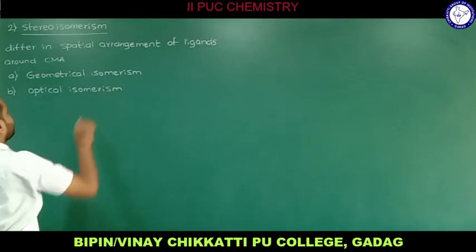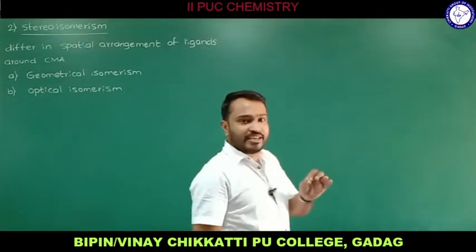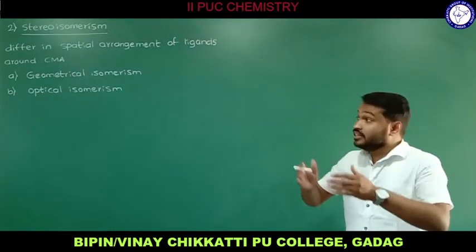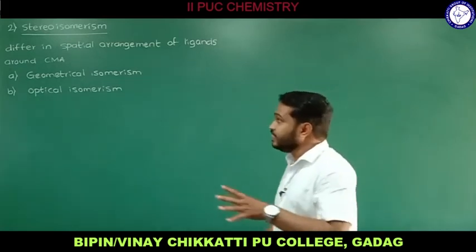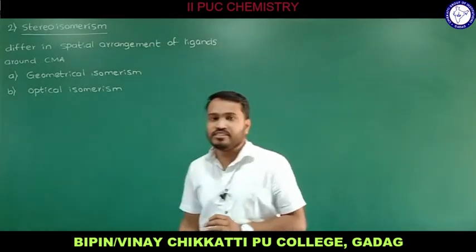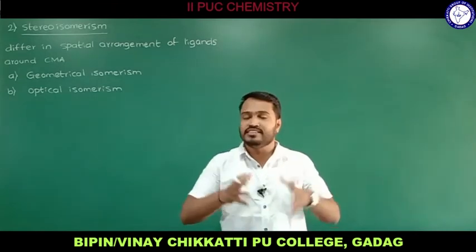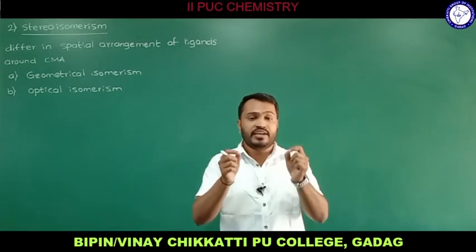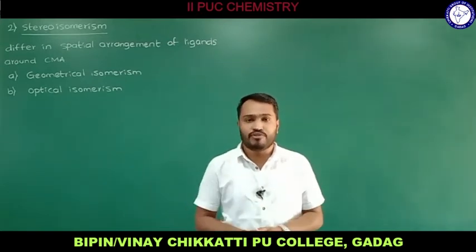Stereo isomerism is classified into two types, geometrical isomerism and optical isomerism. So these two are the types of stereo isomerism. One can easily say that in these two kinds of isomerism, there is a spatial arrangement of ligands around the central metal atom. Because of that, we get different isomers with the same molecular formula.